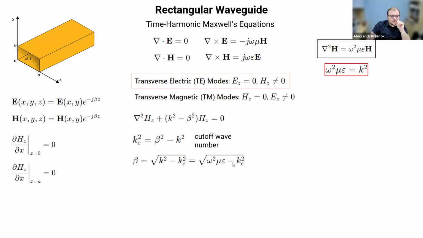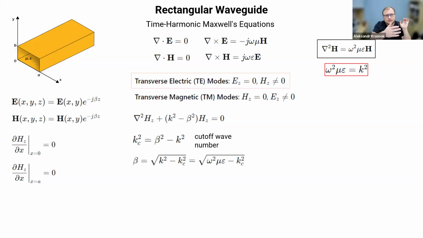So it means that for this waveguiding mode to propagate, look at this general solution here. If beta is a real number, then e to the power of j beta z is a sinusoidal function, sine and cosine, right?